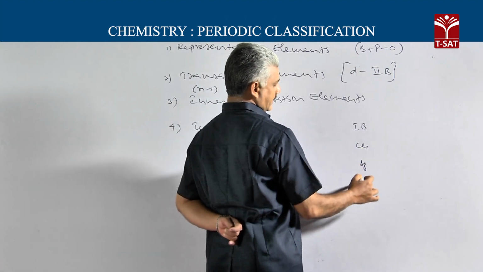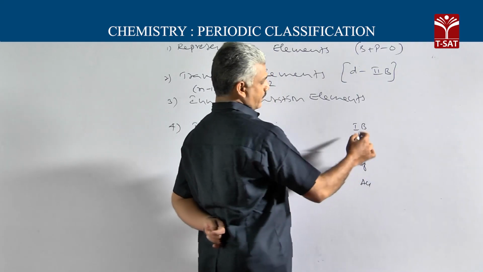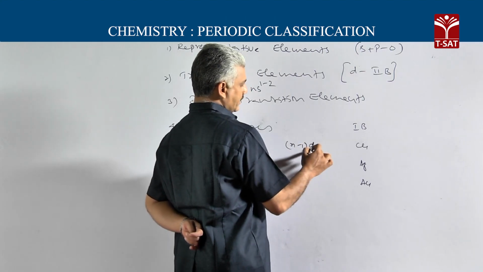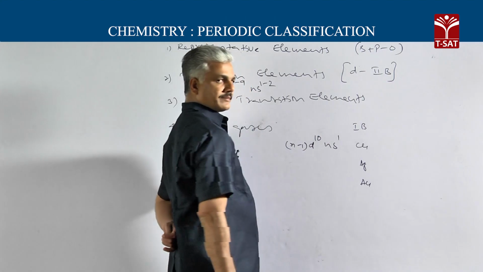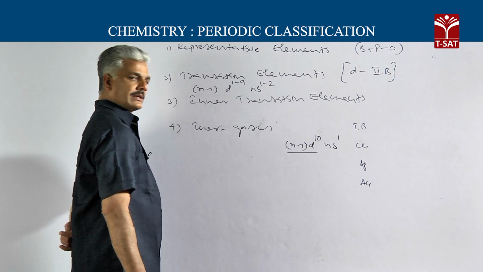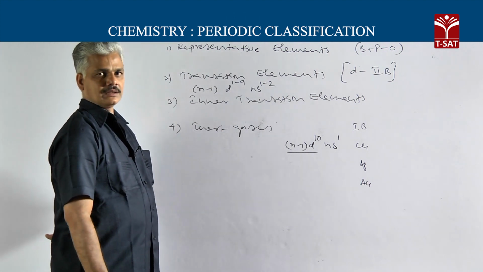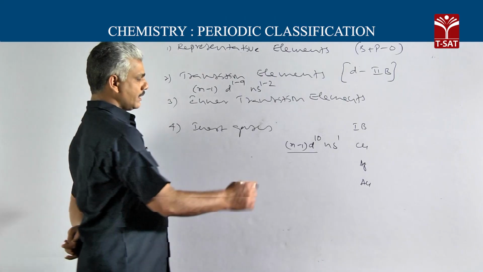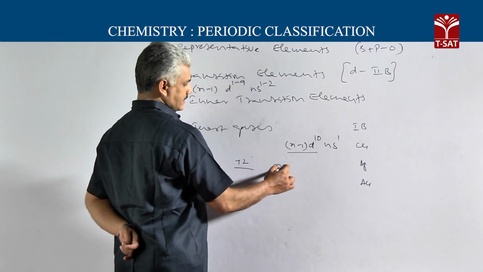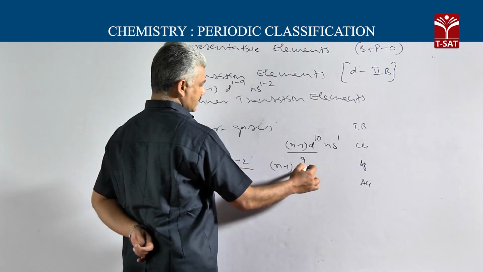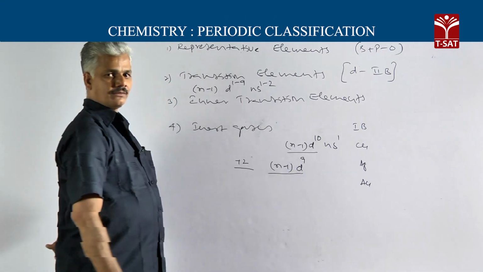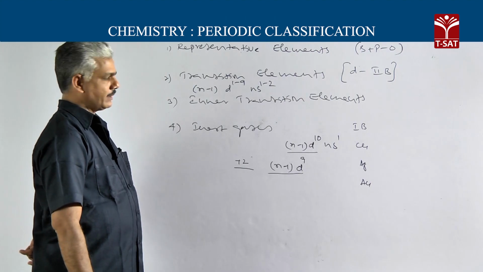If we take the 1B group, we have copper, silver and gold. For these three elements, the general electronic configuration is (n-1)d10 ns1. Therefore, in the elemental state, these elements do not possess incompletely filled d sublevels, but in one of their common oxidation states, that is +2, they exhibit the configuration (n-1)d9, which has incompletely filled penultimate d sublevels.